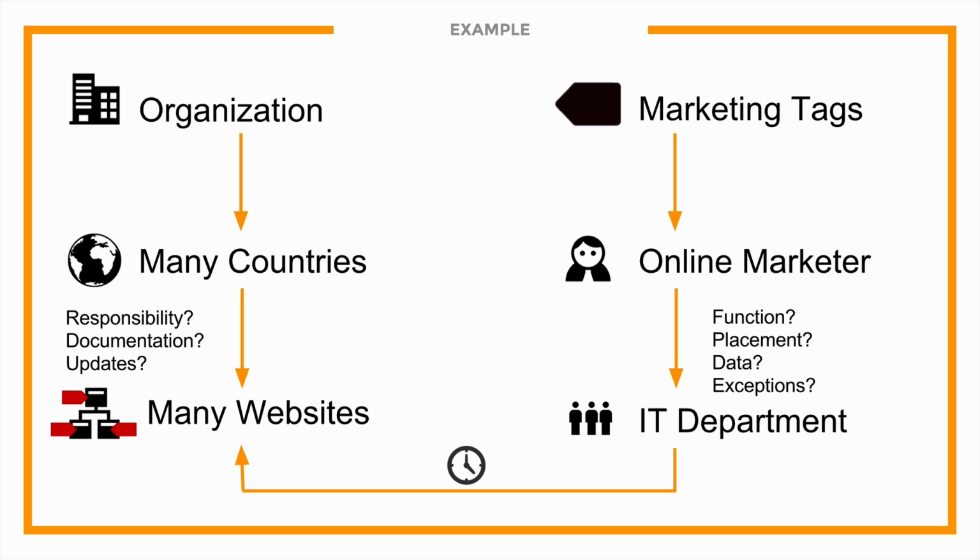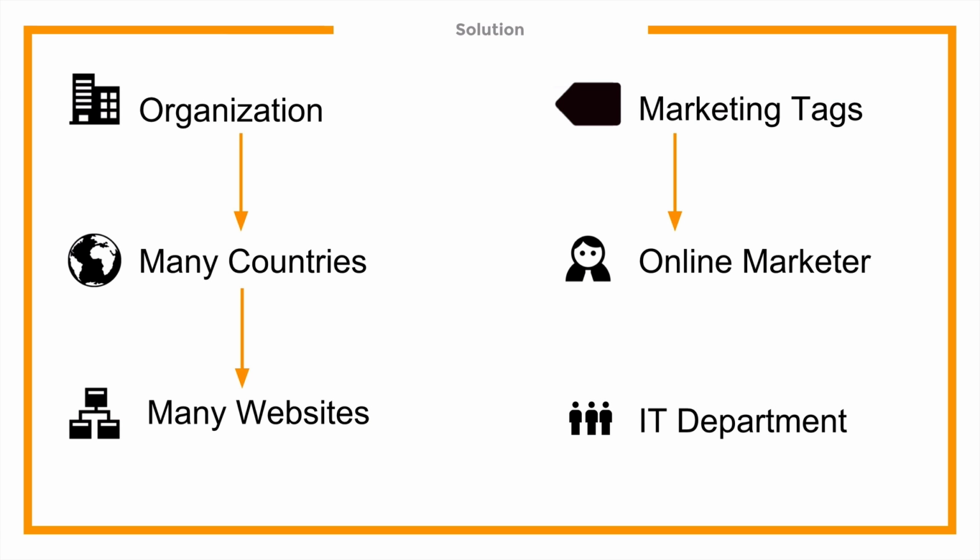So there are a lot of headaches surrounding marketing tags, and with tag management systems, we have a solution to our problem. It would look like this. A tag management system would insert itself between the online marketing department and the IT, I would say, and help us deploy marketing tags on these websites.